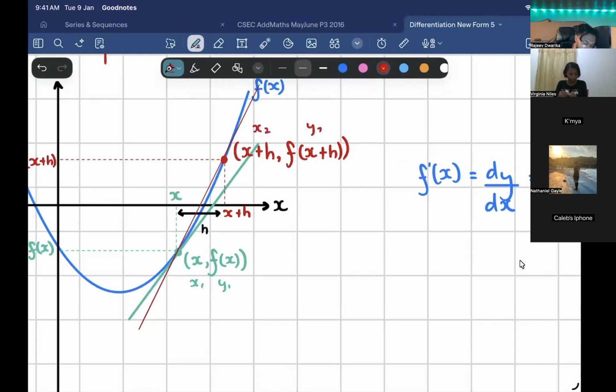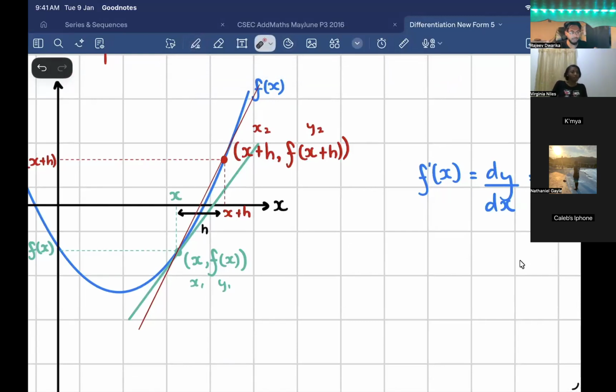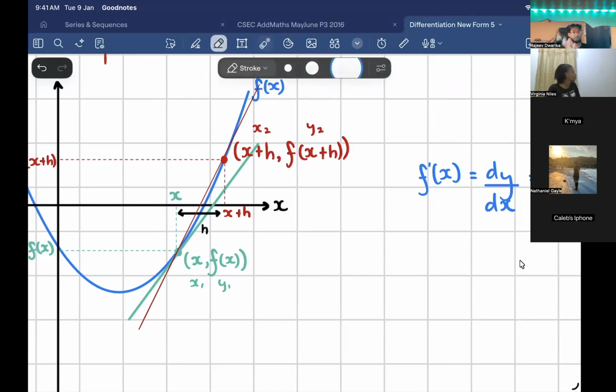When we find this gradient, it's going to be the gradient for which line, the green line or the red line? The red line. And we know the red line is actually an approximation. But when the distance between the points tends to 0, it actually gives you the green line.